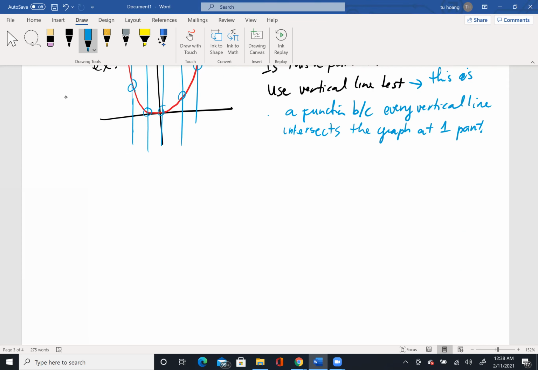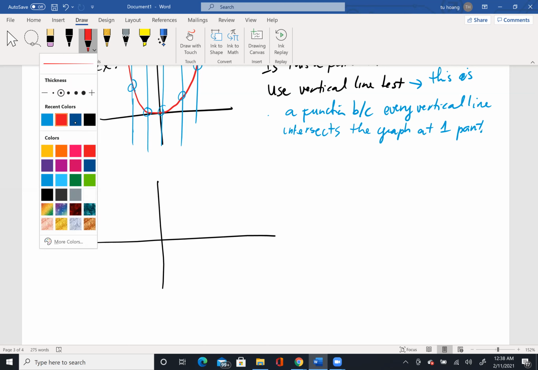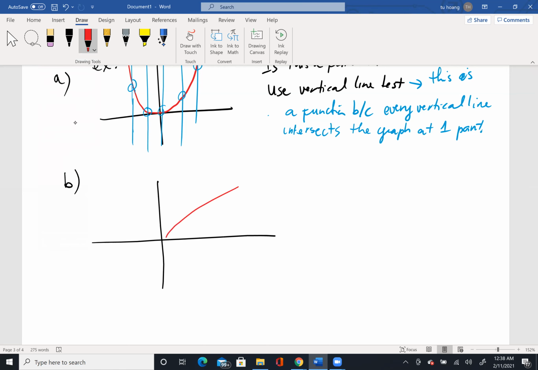What about in this case? I have another one. There's B. There's A here. So I have another one like this. Okay. Looks like a parabola, right? Is that going to be a function?